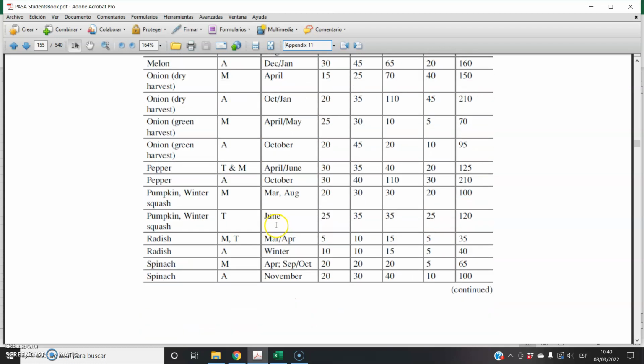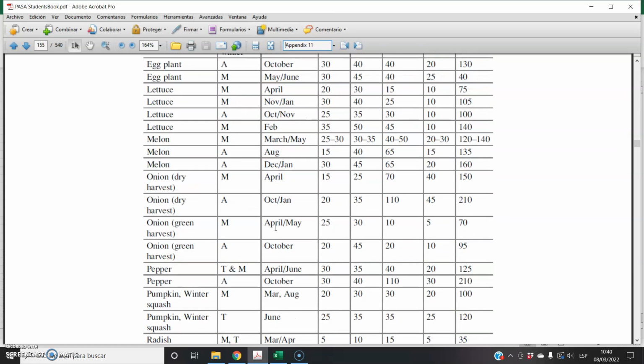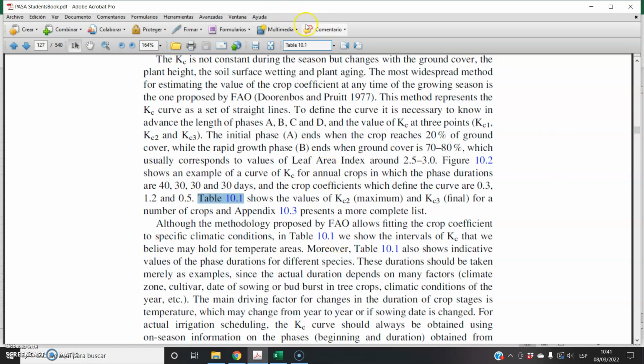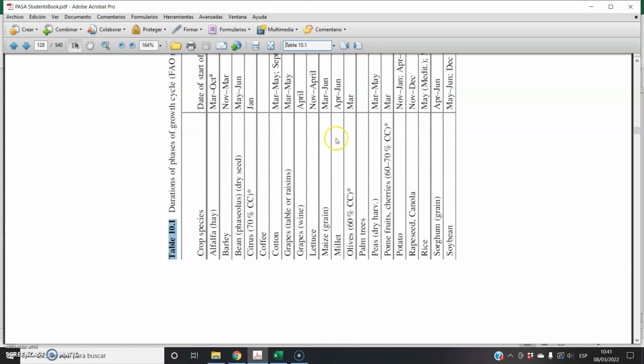If we look in this appendix, we will find that rapeseed is not present. This may happen. But in table 10.1, the first table of chapter 10, we are lucky to have data for rapeseed.